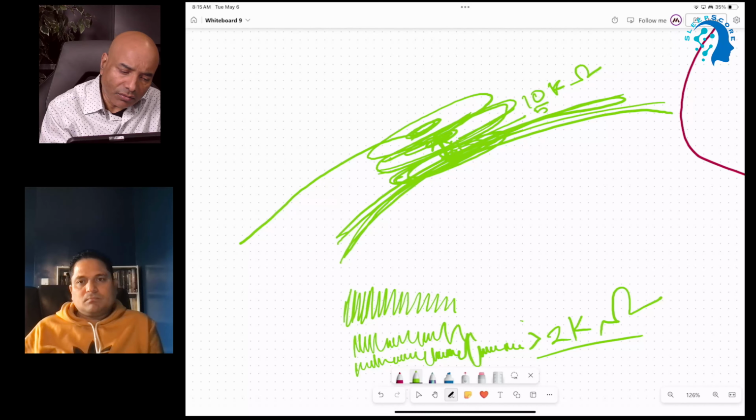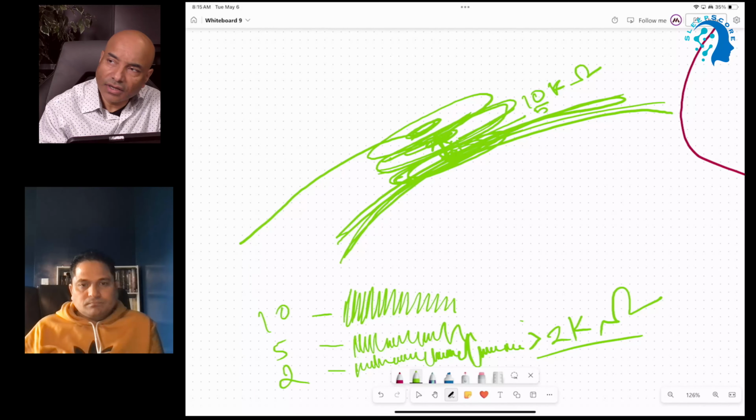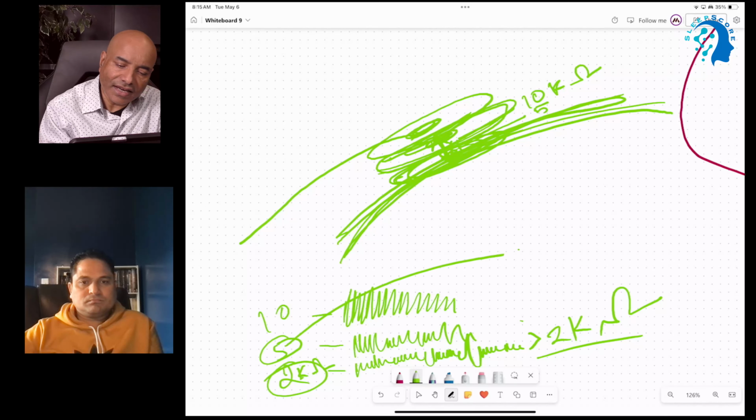Signal, it is all about signal. This is 10, this is 5, this is 2. But it is very difficult to get 2 kilo ohm. So 5 kilo ohm is the standard.